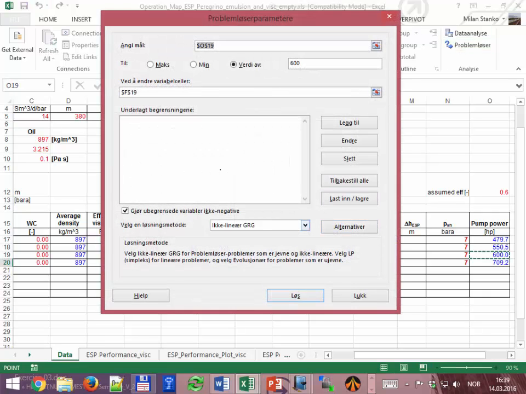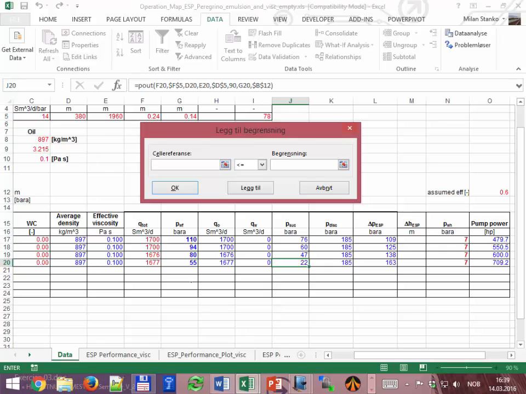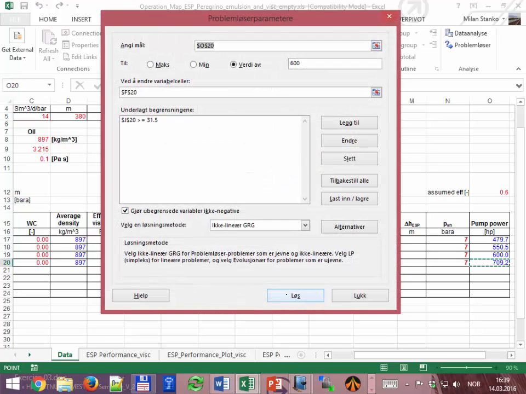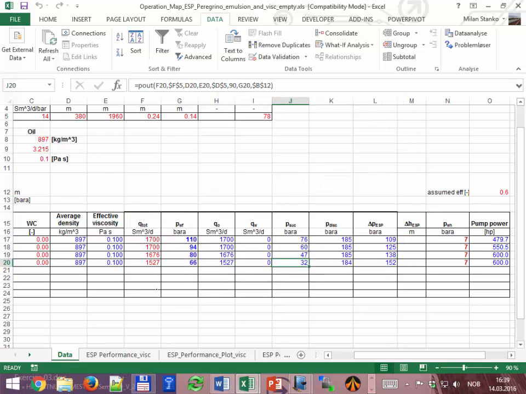So I can say that I want to set exactly to a value of 600 by changing the rate, and I want the suction pressure also to be greater or equal than 31.5. Okay, and solver finds a solution. Okay, 32. So see, I got exactly 600, the same power as before.